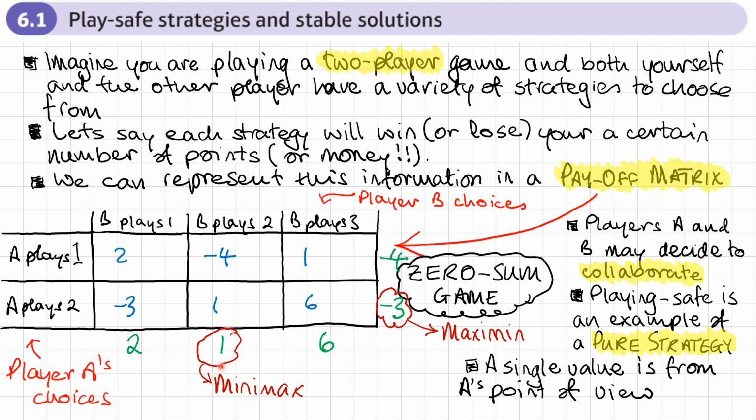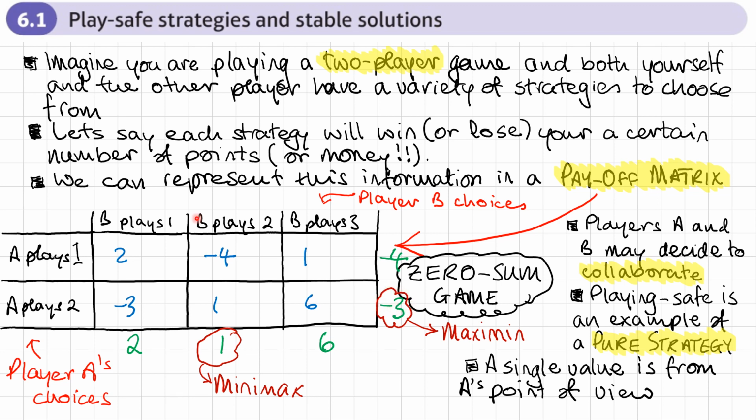So by keeping just that single number and working on those single numbers, if we work out the mini-max, then we have the option or the choice that B should play. So in this zero-sum game, the best option for player A is to play 2, and the worst they could lose is 3.